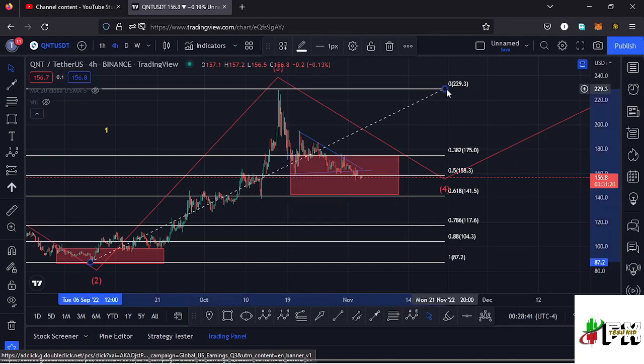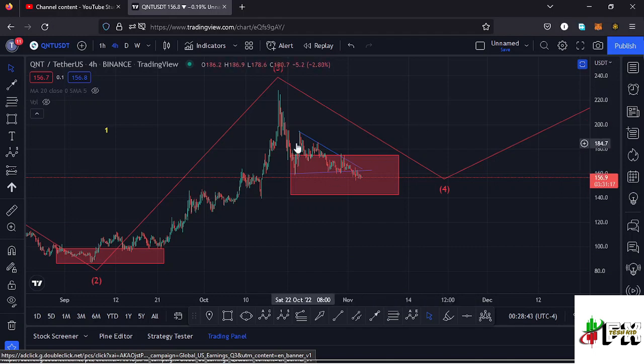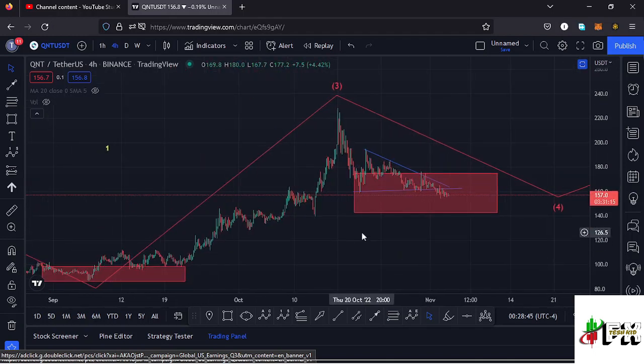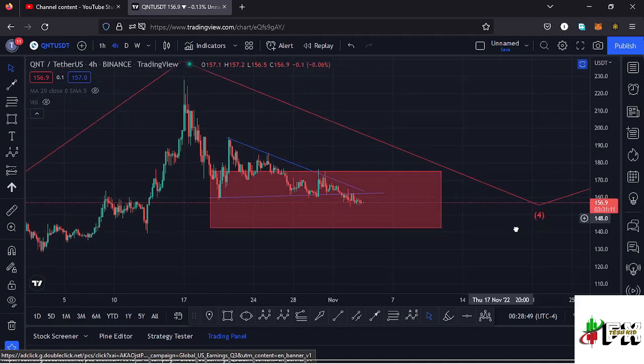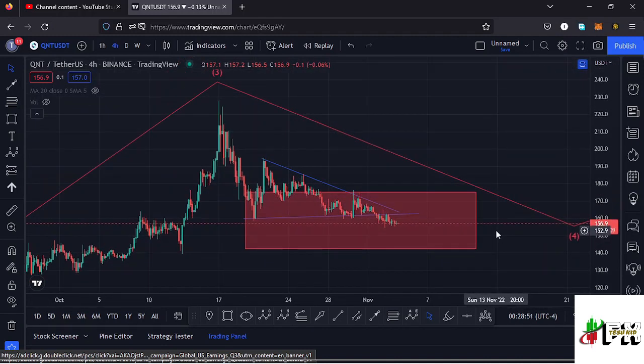So that is the minimum that I'm expecting this retracement over here in the formation of this fourth wave to do. And because the fourth wave is a corrective wave, I also expect to see an ABC corrective movement play out over here.